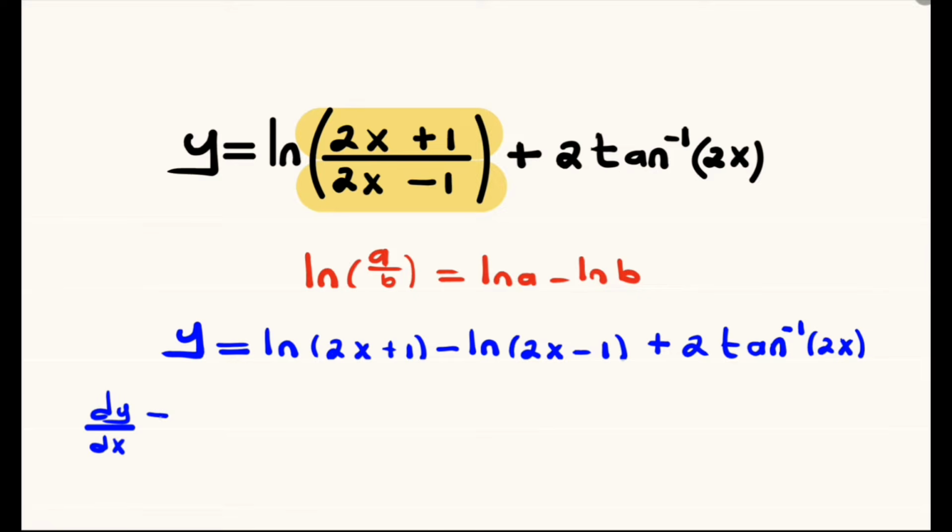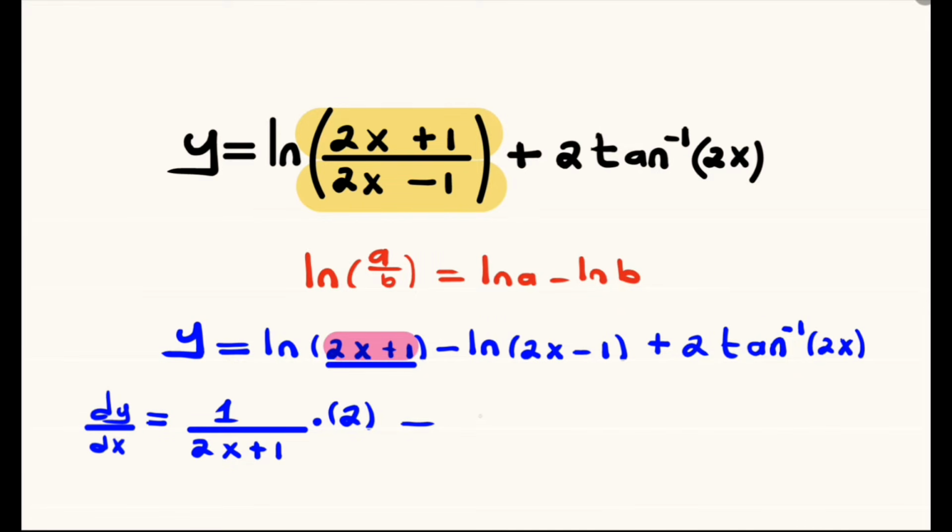The derivative of the ln of 2x plus 1 is 1 divided by the function which is inside the ln, the 2x plus 1, multiplied by the derivative of the same function inside the ln. The derivative of the 2x is equal to 2 and the derivative of the 1 is equal to 0.